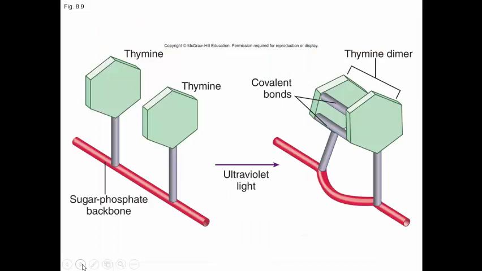Now, intercalating agents are 3-ring planar molecules that intercalate. In other words, they actually get in between the nucleotides. They push the nucleotides apart and thereby induce mutations during DNA replication. One well-known chemical is ethidium bromide. Those in biotech and molecular biology know ethidium bromide because when you expose it to ultraviolet light, it glows.